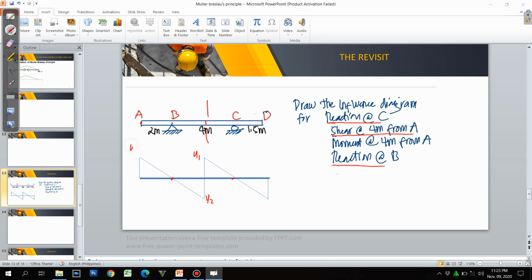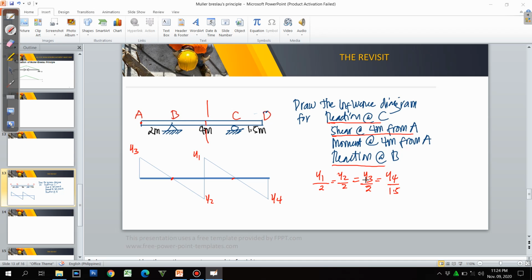So anyway, we'll just show that y4. By ratio and proportion, y1 is to 2 is equal to y2 is to 2, which is also equal to y3 is to 2 also, and y4 is to 1.5.